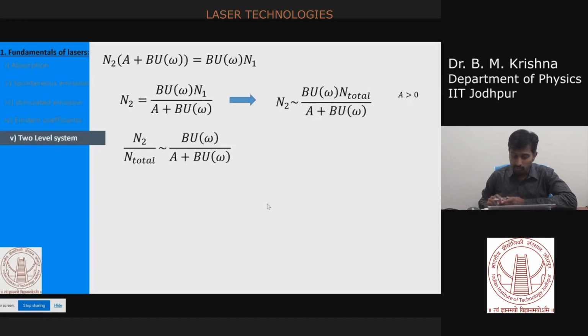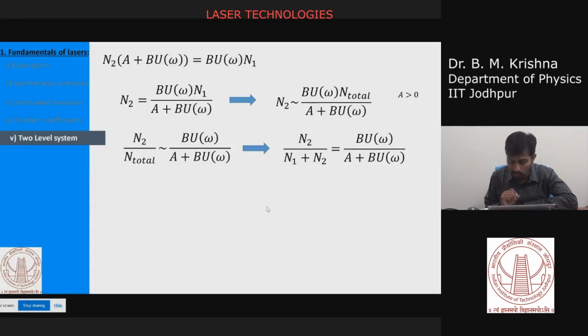Now from this, your N total is nothing but N1 plus N2, because you have two states, the total population will be the population of state E1 and the population of state E2. So that is nothing but B u of omega over (A plus B u of omega). Now in this case your A is always positive.